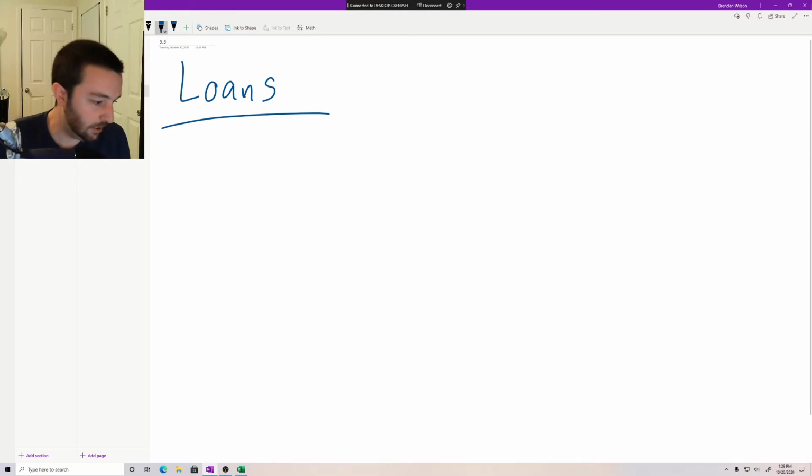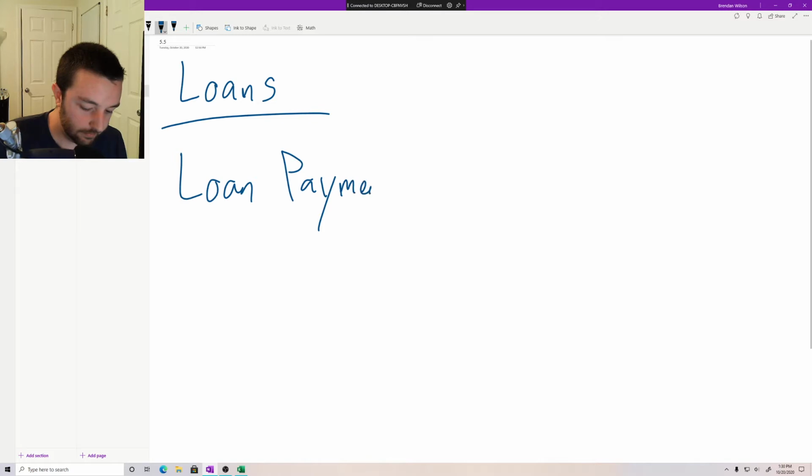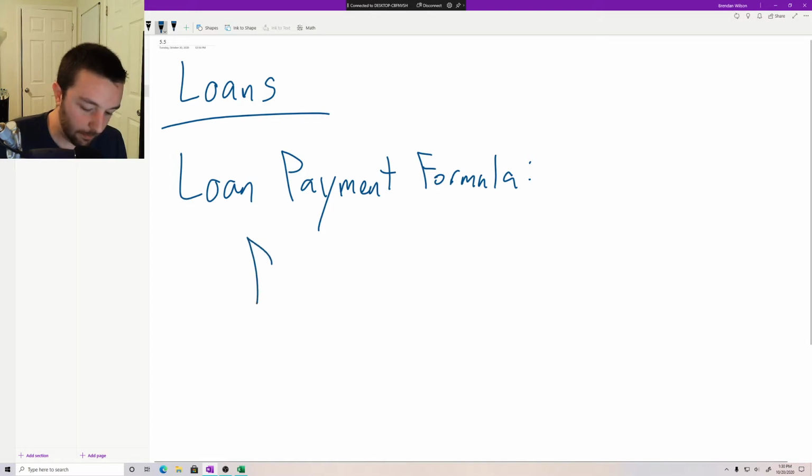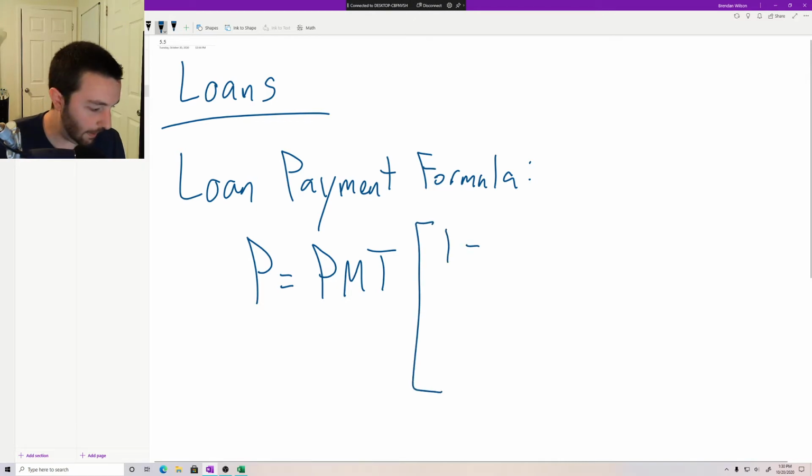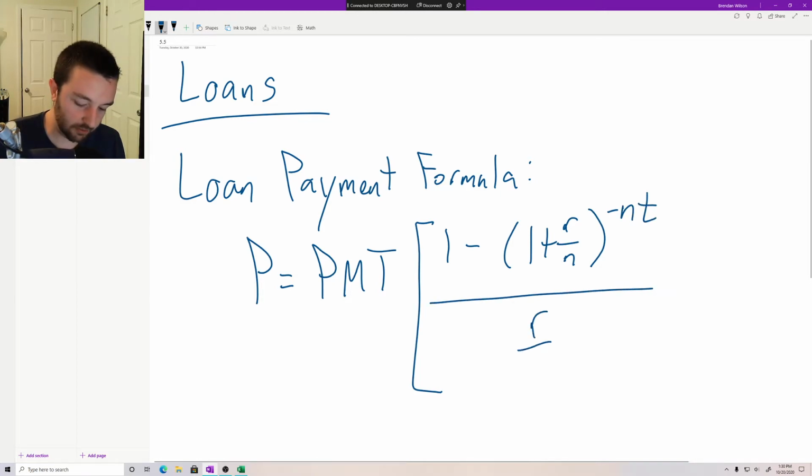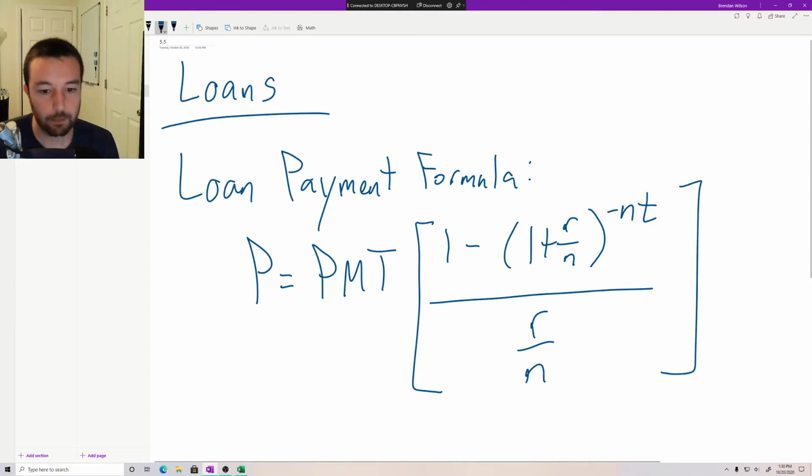Okay. So the loan payment formula: we're going to P. So we don't have F this time. We just have P equals payment times 1 minus 1 plus R over N to the negative NT power, divided by R over N. So instead of doing 1 plus this whole thing, we're doing 1 minus it, right?